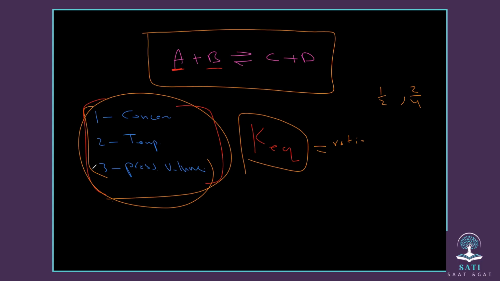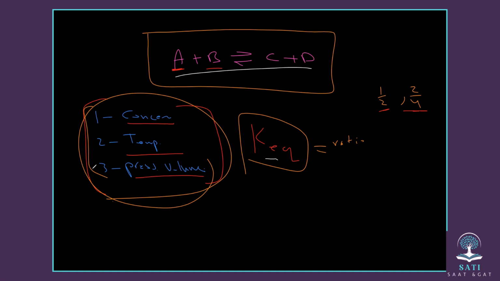Yes. Whether you use these two numbers or those two numbers, the ratio is still the same, which is half. So when I change concentration, or pressure and volume, they will change the state of equilibrium, but not the constant.